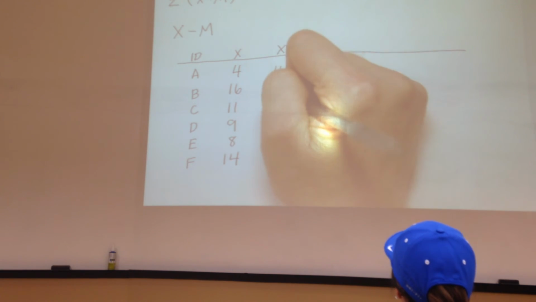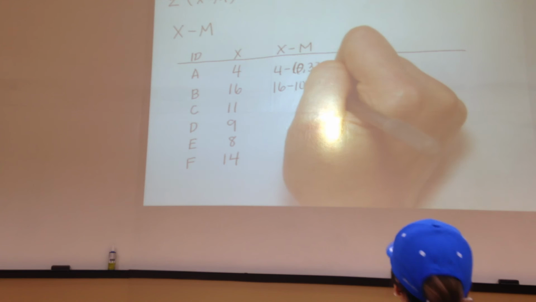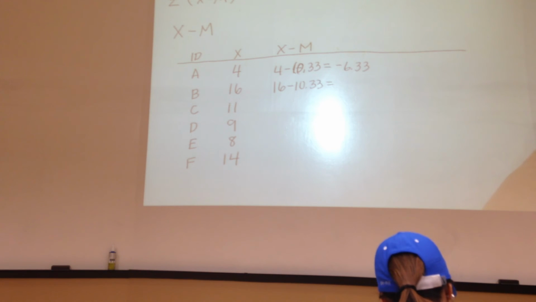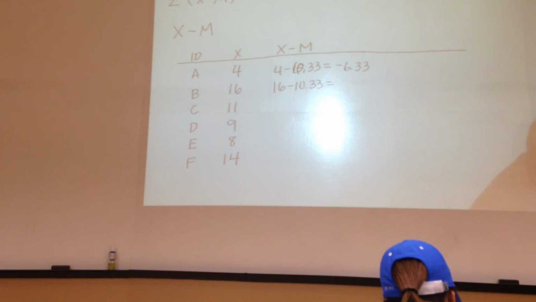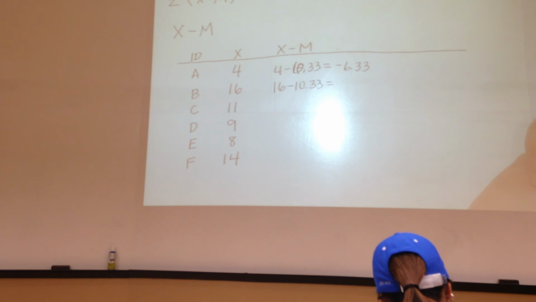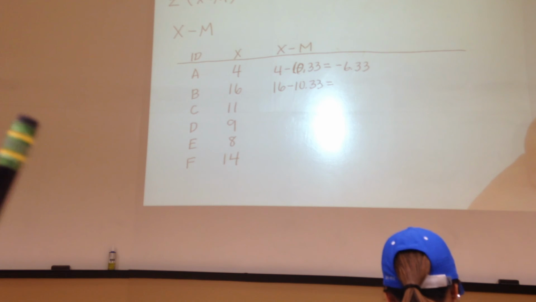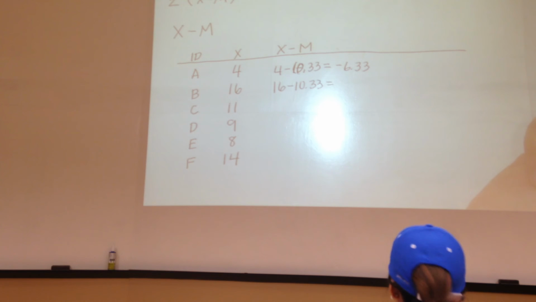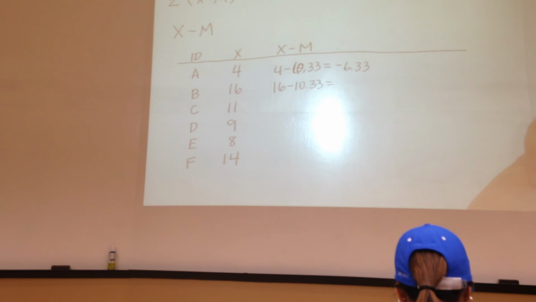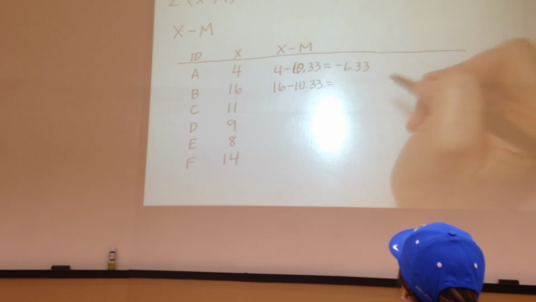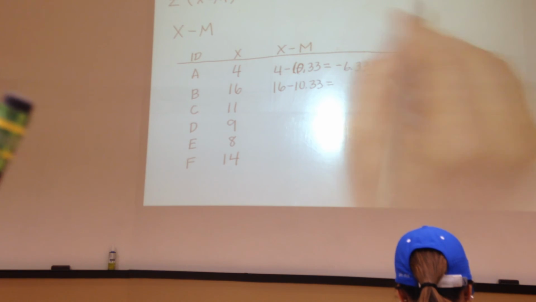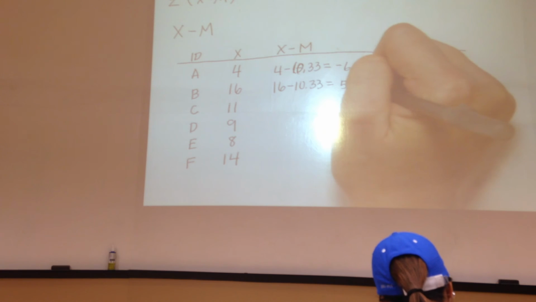And then this one's going to be 16 minus 10.33. What's that equal? I have a vote for 5.67. Confirmation? Yes? Little tiny voices. Go for it. We're subtracting 2 numbers. That's a good one. 5.77, 5.67.